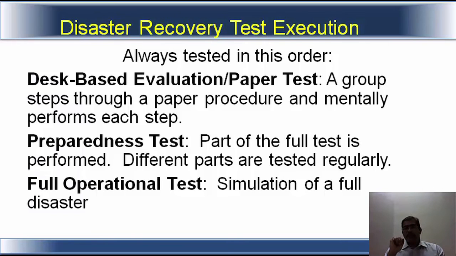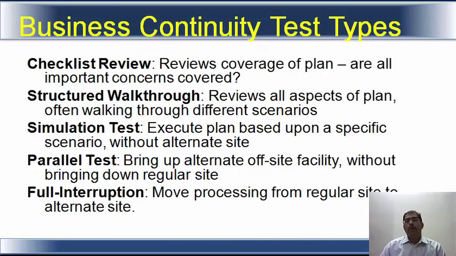And a full operational test, which is a simulation of a full disaster. So mock tests are conducted. In a lot of your IT parks, this mock disaster recovery is conducted on a half-yearly basis by the people who manage the facilities, just to ensure preparedness of the different organizations who work out of that building, and to ensure that people are aware what to do when a disaster occurs.